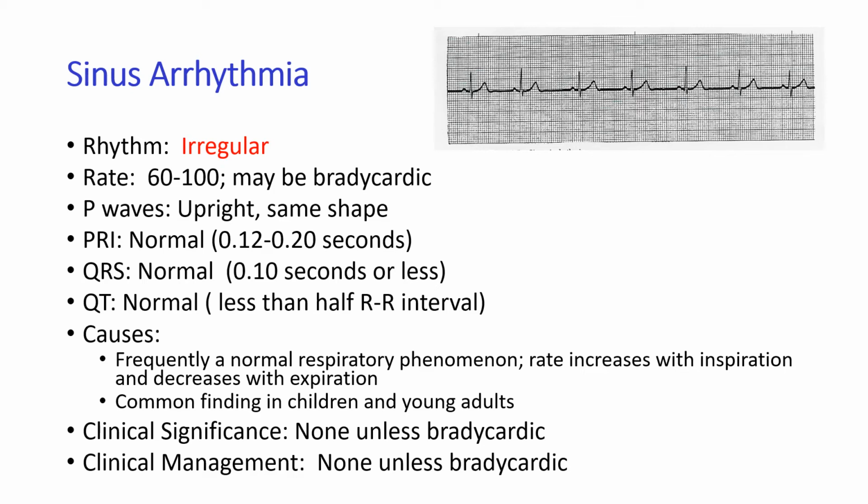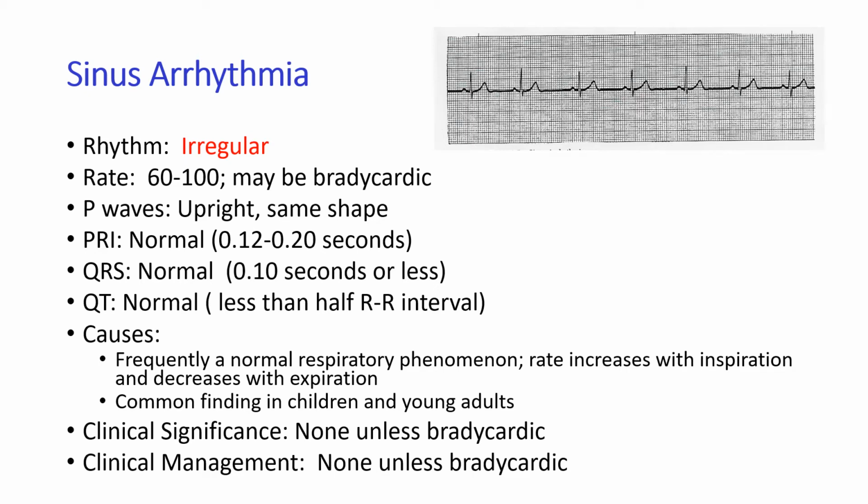They may be bradycardic. The P waves are all upright. They're all the same because it did come from the SA node, so we call it sinus. Your PRI is normal, 0.12 to 0.20. QRS is normal, 0.10 seconds or less. Your QT is normal where it's less than half the R to R interval.